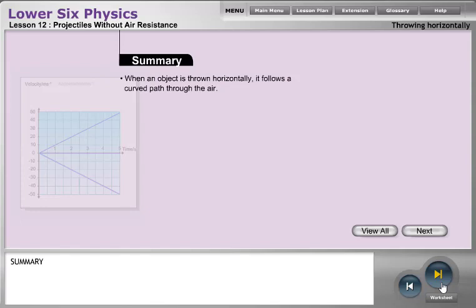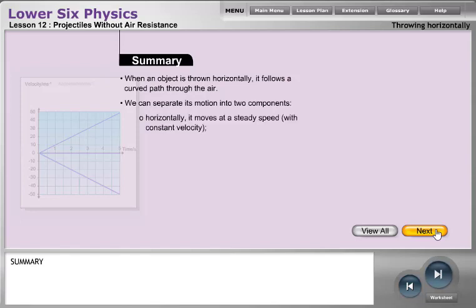Summary: when an object is thrown horizontally, it follows a curved path through the air. We can separate its motion into two components. Horizontally, it moves at a steady speed, with constant velocity.